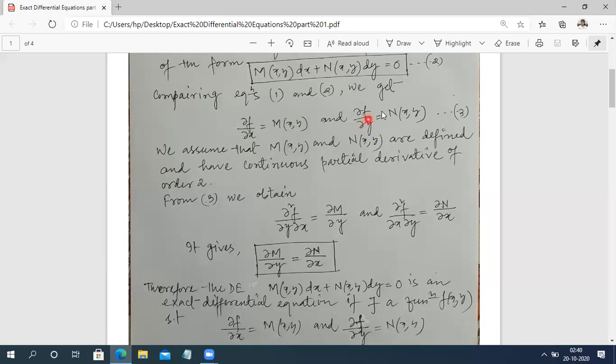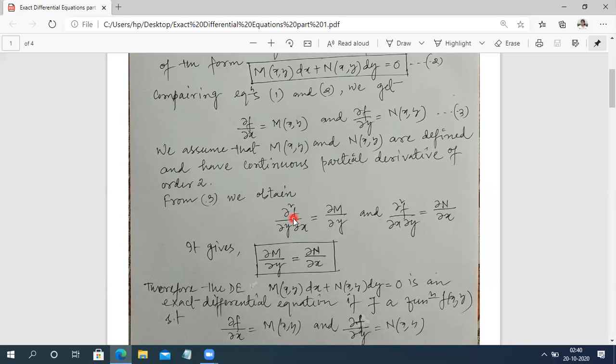Similarly, if we partially differentiate with respect to x, it will be ∂N/∂x is equal to ∂²f/∂x∂y. But we know very well that ∂²f/∂y∂x is always equal to ∂²f/∂x∂y.